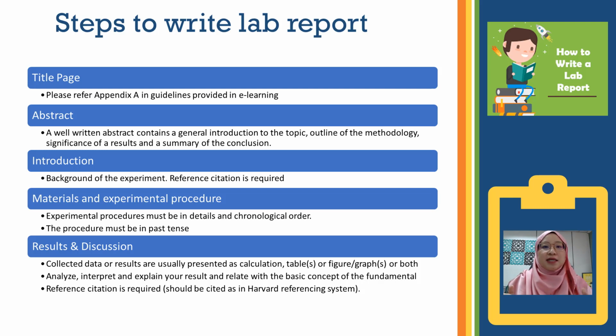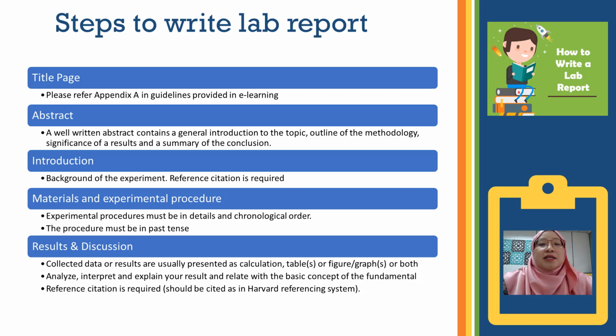Lastly, for results and discussion, you have to have reference citations. The formatting should be in the Harvard referencing system. I will give you the details later, and you can always refer to it in e-learning as well.